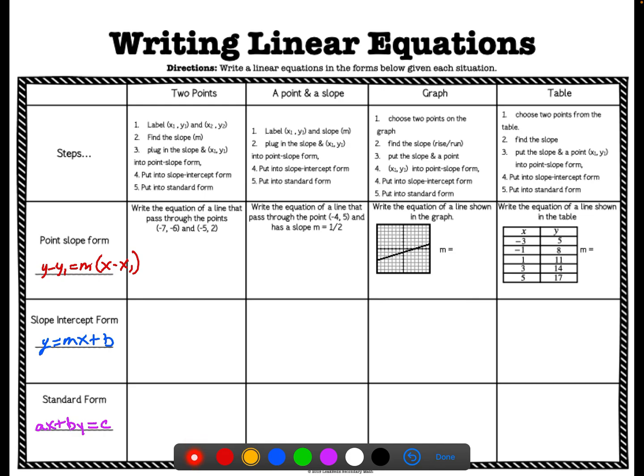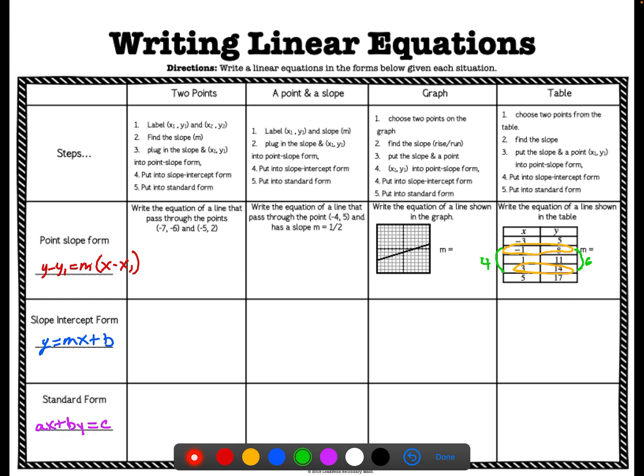So let's say in this table we choose -1, 8 and 3, 14. After we choose 2 points from the table, we find the slope. We can use the formula or we can use common sense, which means that to go from 8 to 14, that's plus 6. And to go from -1 to 3, that's plus 4.